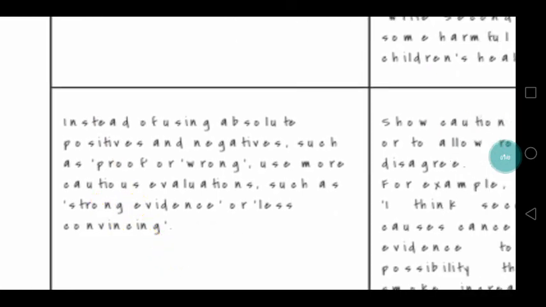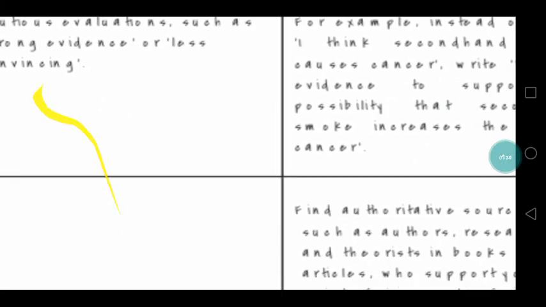Next, instead of using absolute positives and negatives such as proof or wrong, use more cautious evaluations such as strong evidence or less convincing.